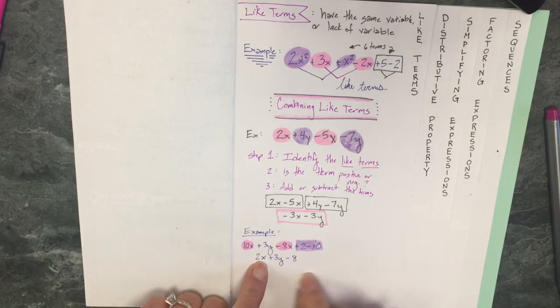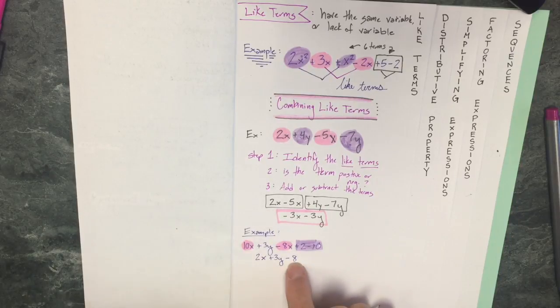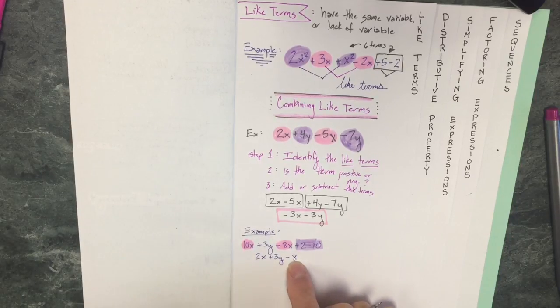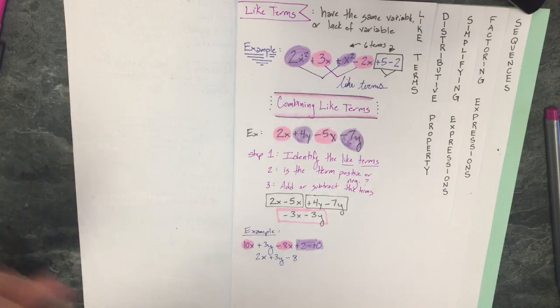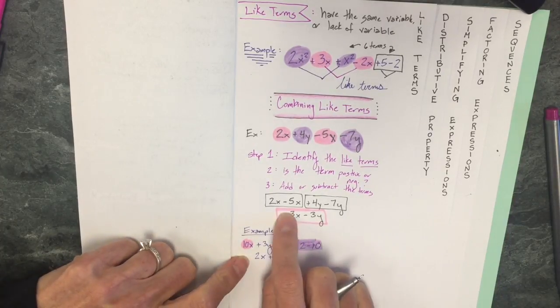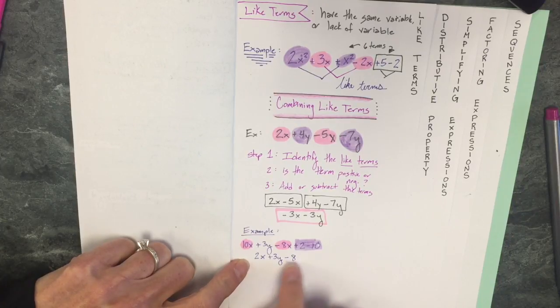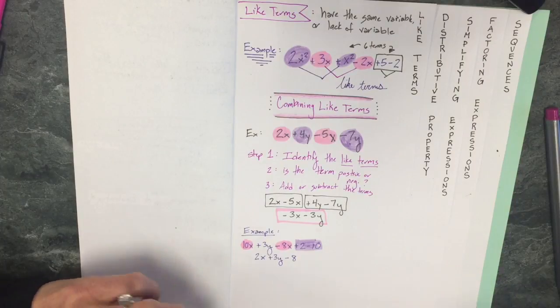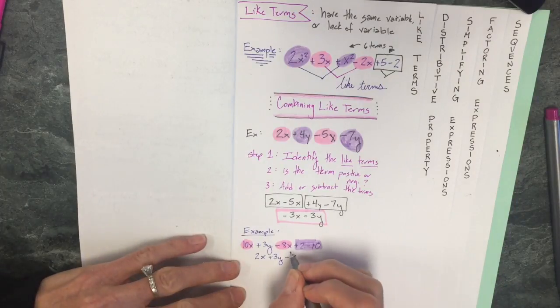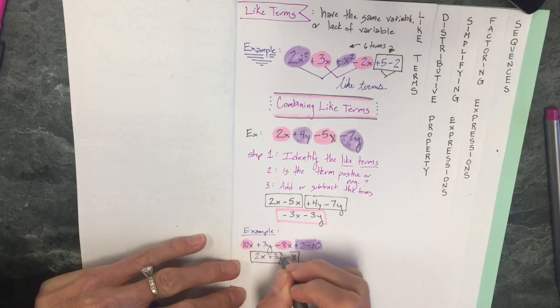This is an x, this is a y, and this doesn't have a variable. So this is as simple as we can make it. Not quite as simple as just 2 terms, but we had 3 different terms in here. So that's as simple as we can make it for now. So I'm going to go ahead and just box that.